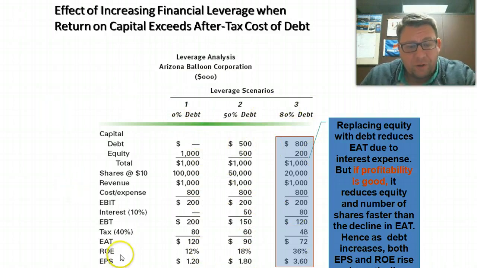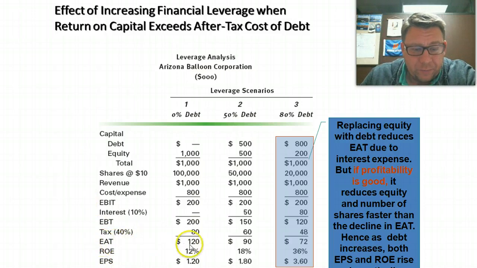One of the things I want to show you is EAT. So our earnings are actually decreasing as we take on more debt. And of course, the reason for that is because interest expense is reducing profits. But what is also changing is the quantity of equity.